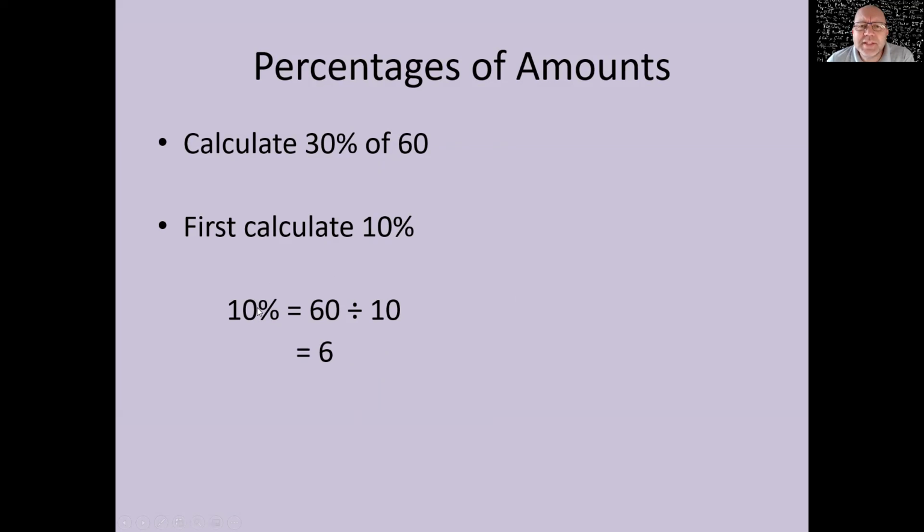But we don't want 10%, we want 30%. Now 30% is simply 3 lots of 10%. So it's 3 lots of 6. So our answer is 18. Remember, 10% is 6, so 20% would be 12, 30% is 18. I hope that's clear.